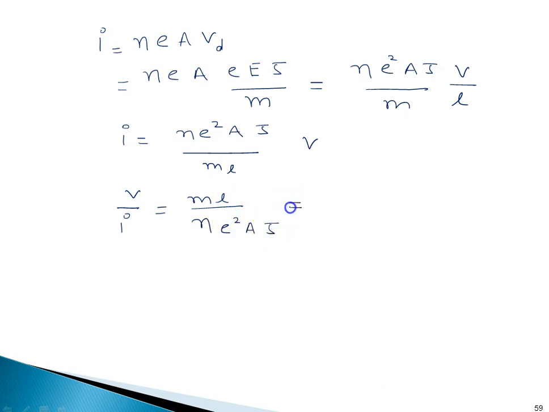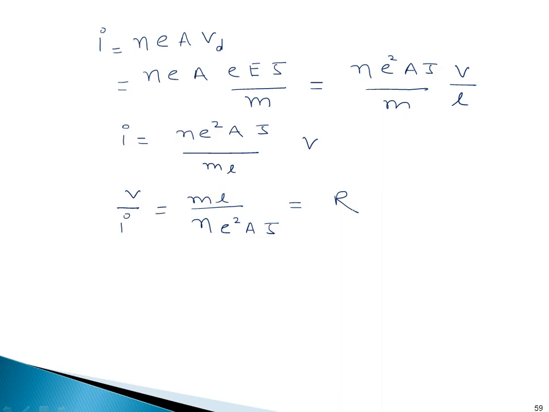This is constant, and this constant is known as resistance R. In this relation, E and m both are constant, and for a material, n, the number of electrons per unit volume, is also constant. For a given temperature, tau is constant. For a given sample, L is constant, A is constant. Ultimately, the ratio of V and I is constant, that is Ohm's law.